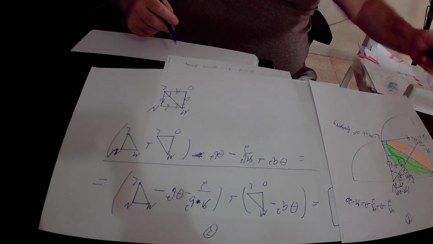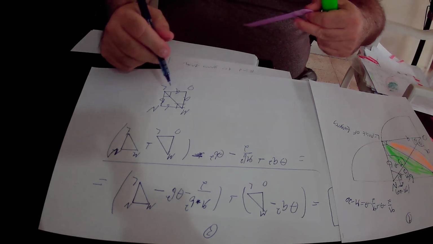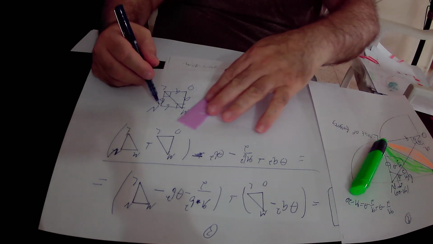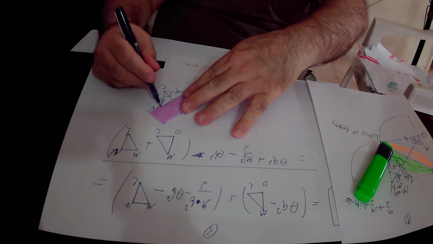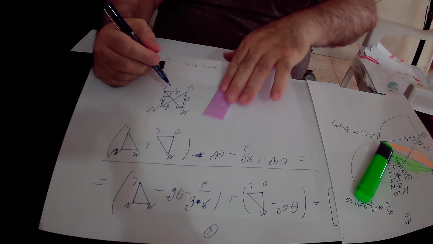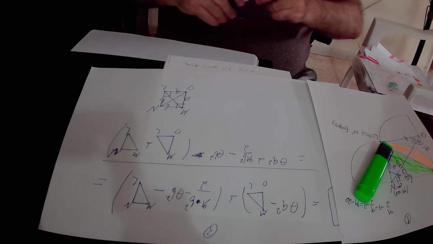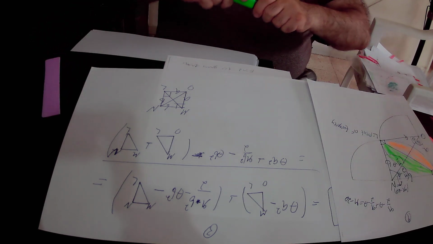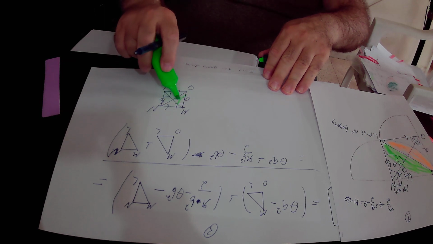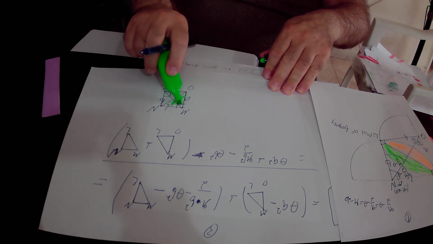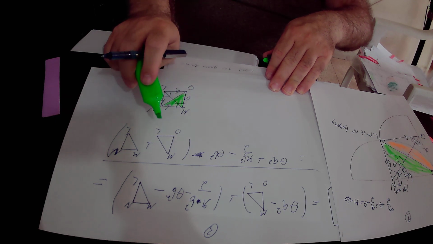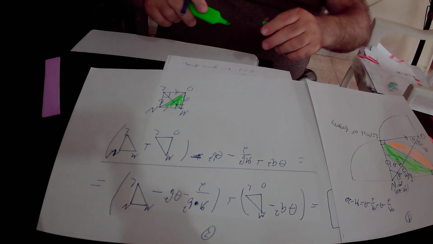In the next step, we join points N and O together by a straight line. By joining points N and O together by a straight line, we created here two right triangles. We calculate the area of each right triangle, we will add them together. This will be the sum of the areas of those two triangles.